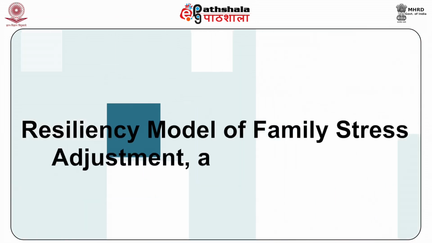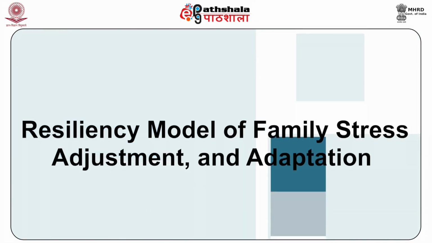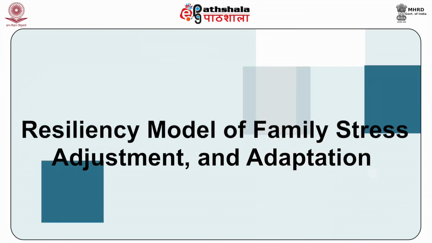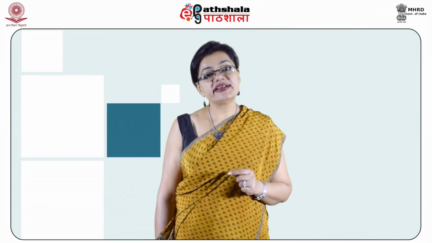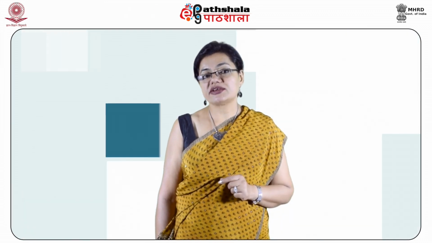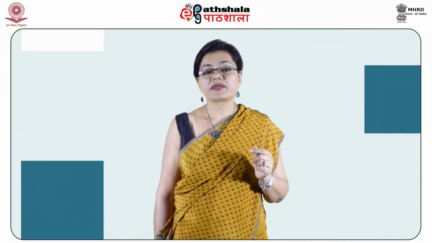Moving on to the resiliency model of family stress, adjustment and adaptation. Family adaptation is described in this model as the outcome of the family's efforts over time to bring about a fit at two levels: the individual to family and the family to the community.